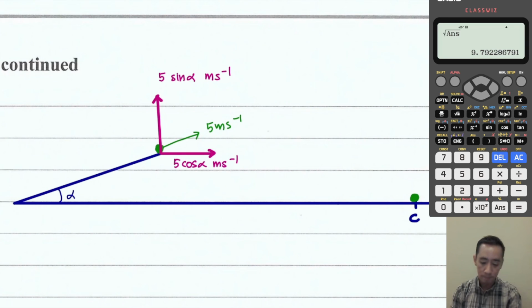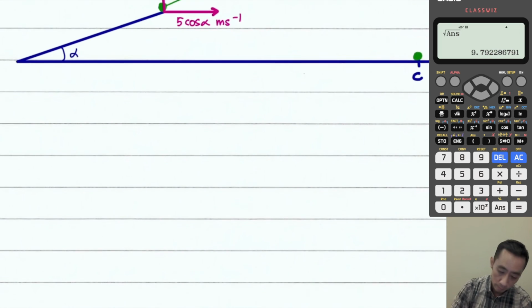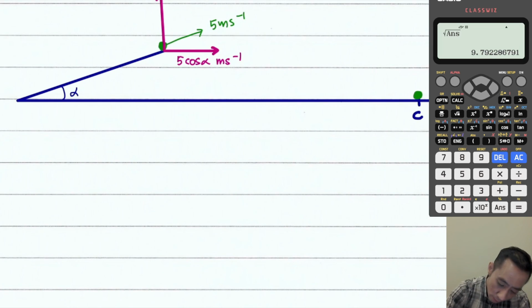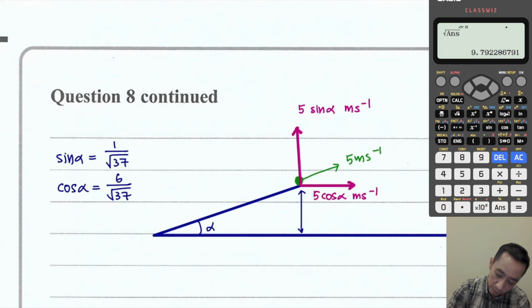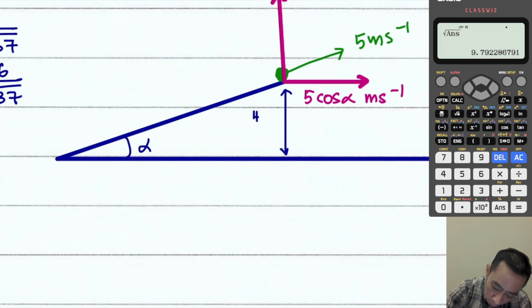So this is the speed, resolved in 2 directions. And the distance here, we also found: 4 over square root of 37 meter.